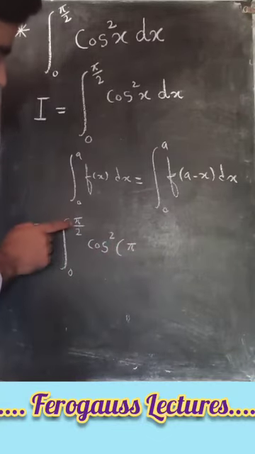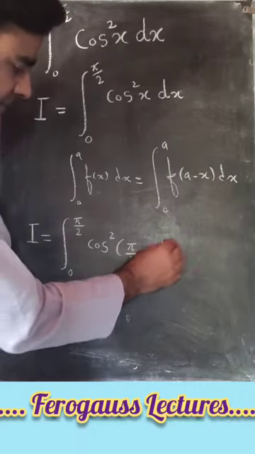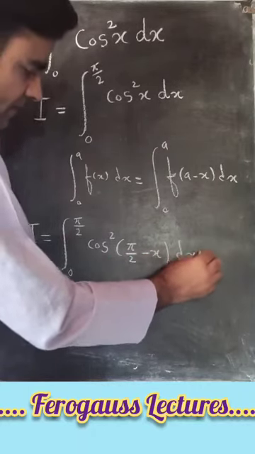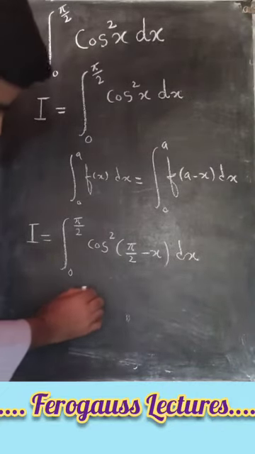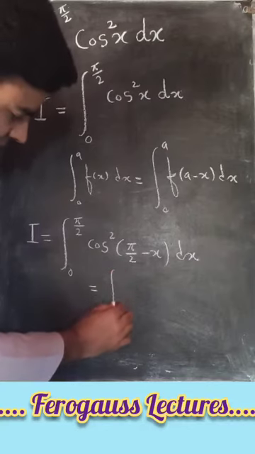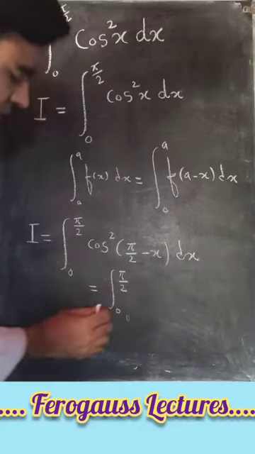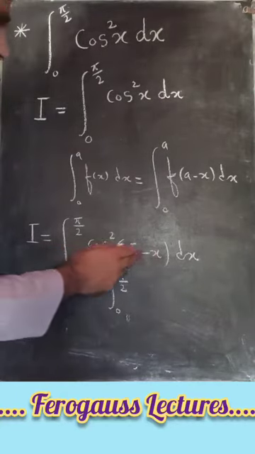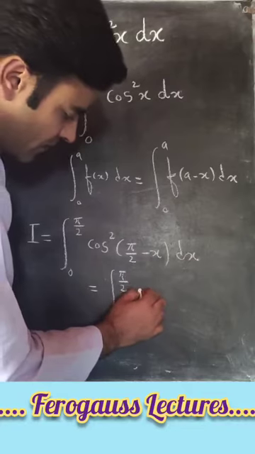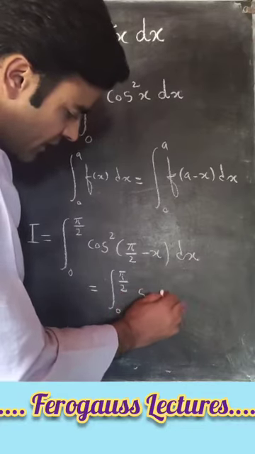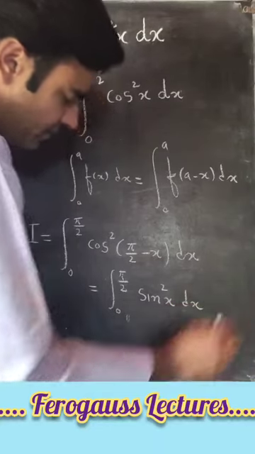Here instead of a we have pi by 2, so we write pi by 2 minus x dx. That is equal to integral 0 to pi by 2, and we know that cosine of pi by 2 minus x is equal to sine of x, so we get sine square x dx.